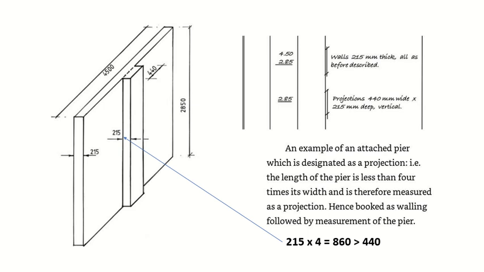It will not change it. But if it is following this rule, 4 times the thickness is more than the length, then you will just mention the height in the dimension sheet. The area will go in the description.